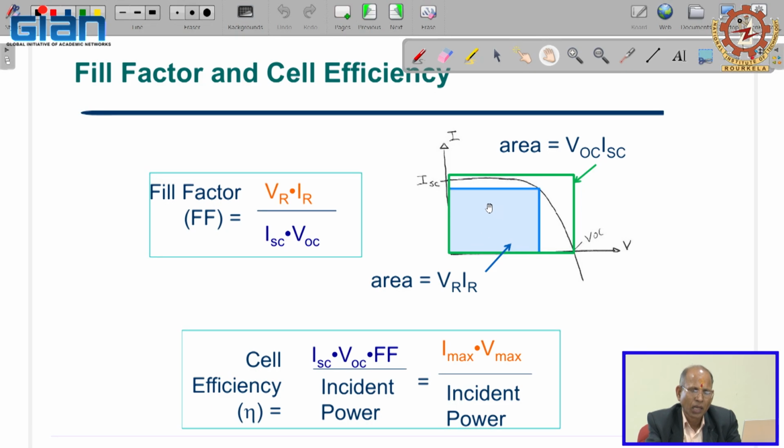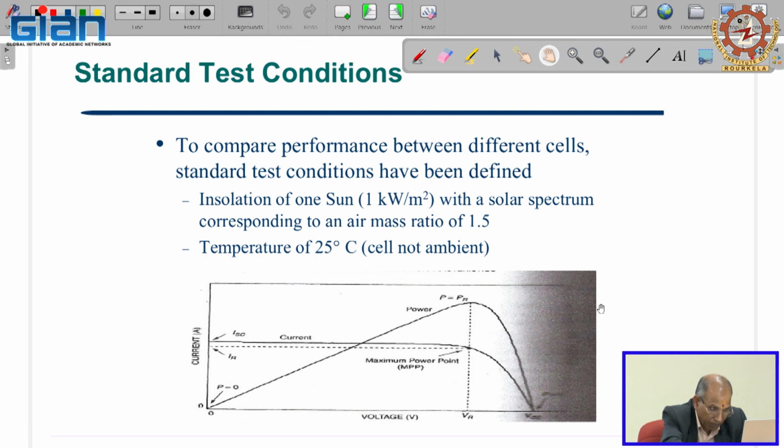In this, see how large a rectangle you can fit in it. That will be your fill factor, and accordingly you can find the fill factor. This area divided by this total is your cell efficiency.